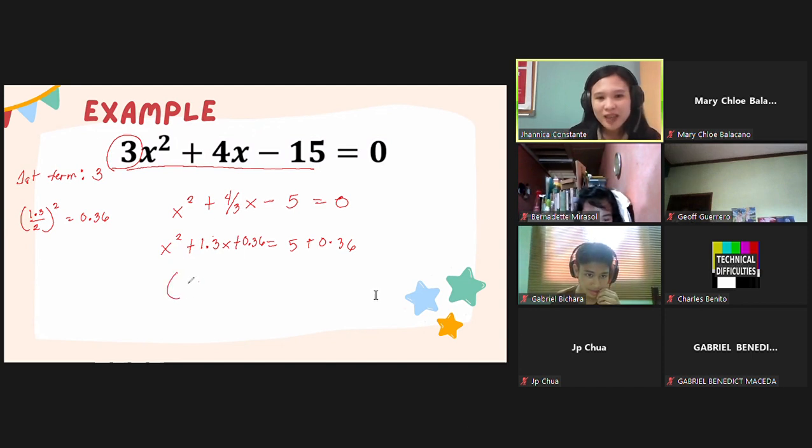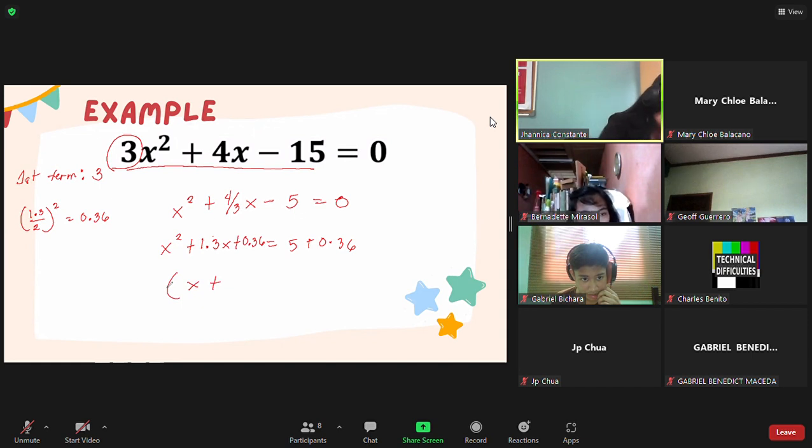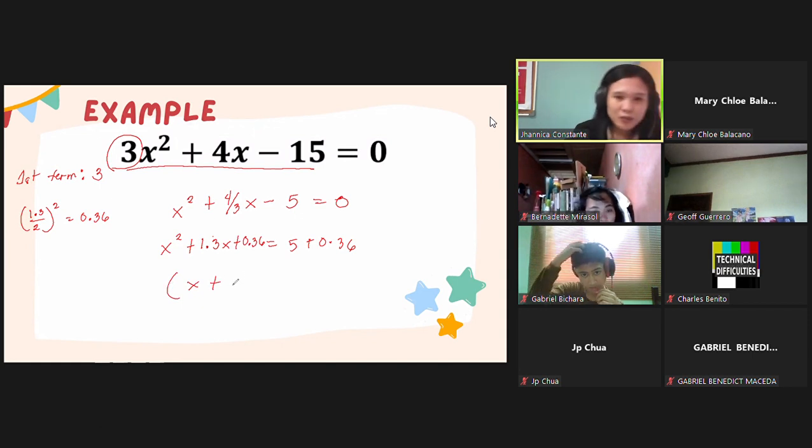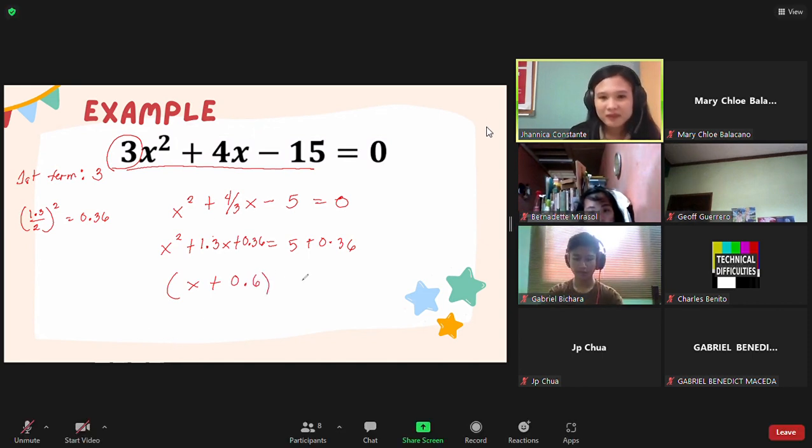Factor is x plus 0.6 squared equals to 5.36.